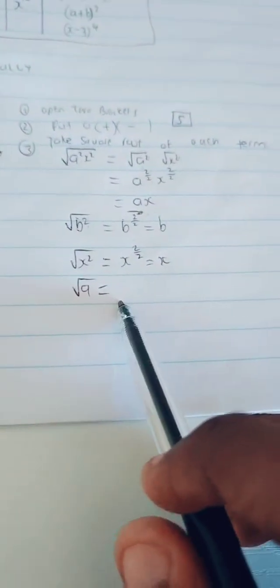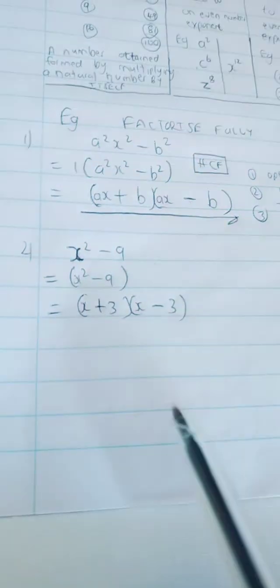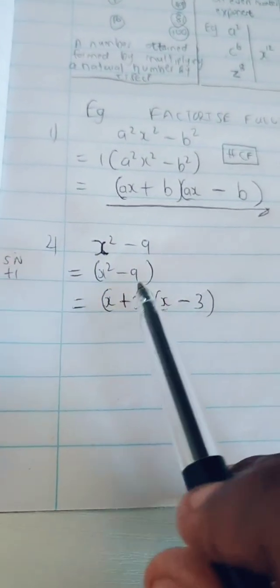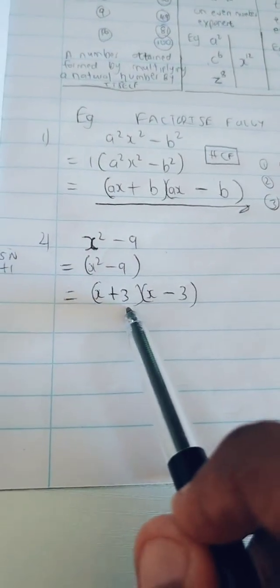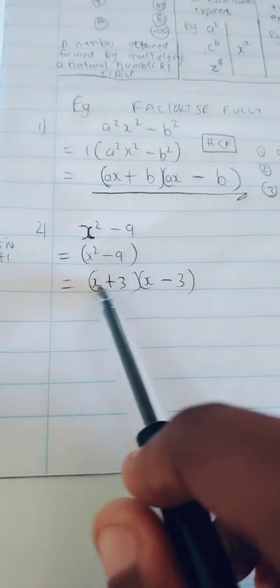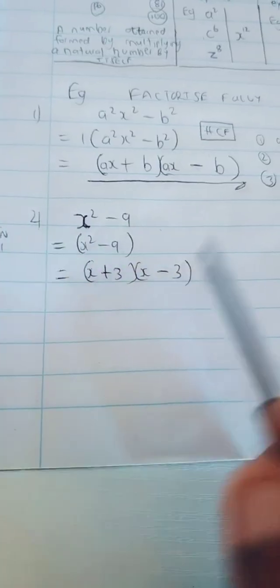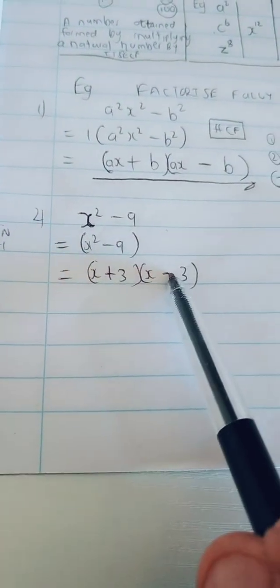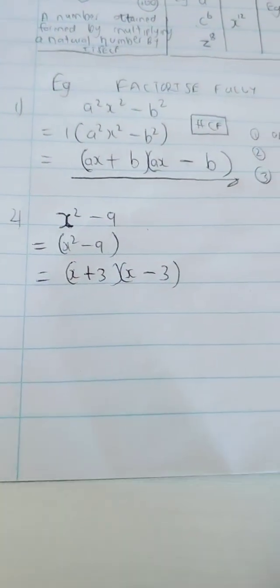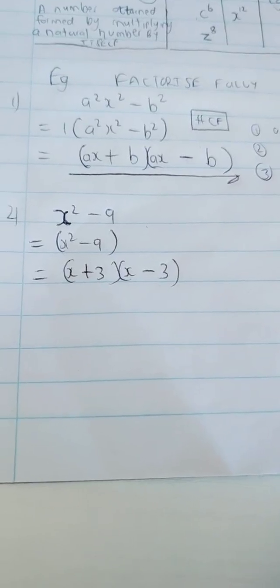The square root of 9 is 3. So we write 3 and 3 in the second position, or the second term of each bracket. We look at each bracket and ask ourselves, are there any like terms in each bracket? No. Do we need to factorize any further for each bracket? It's obviously no.